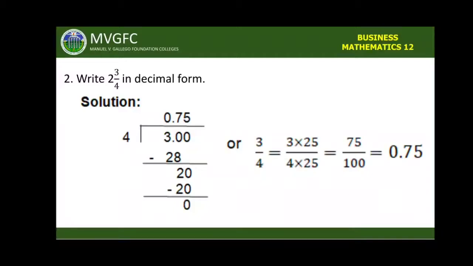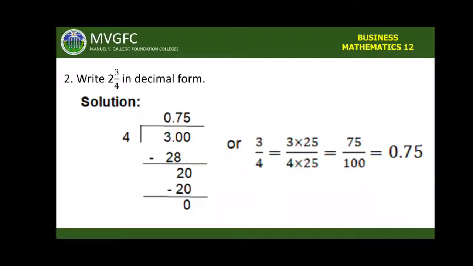Let us have another example. Write 2 3/4 in decimal form. For our solution, once again, let us divide the numerator by the denominator. So we have here 3 divided by 4. Once again, it cannot be. So we need to add a decimal point and a 0 on the right side of 3. So we have now 30.